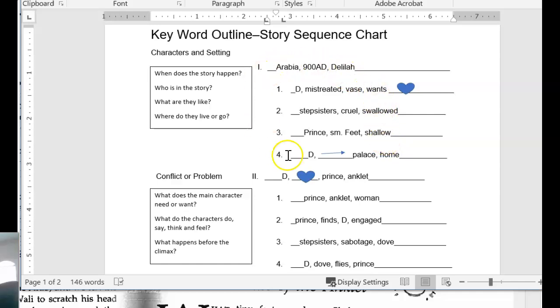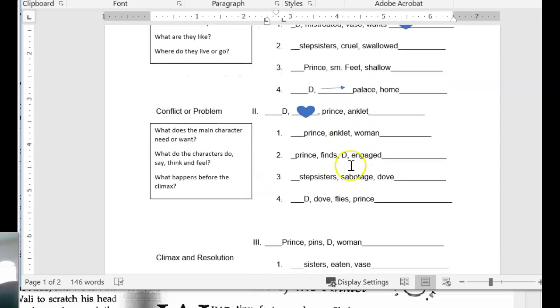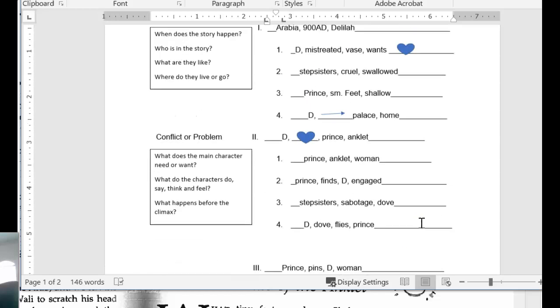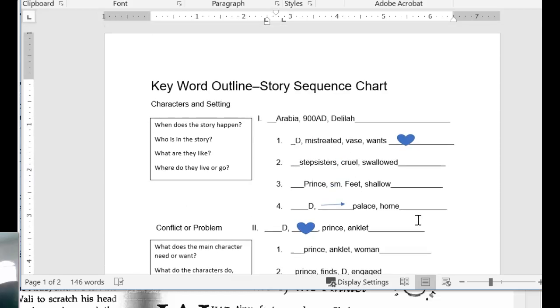Then you can take this whole point 1, the whole character and setting section, and write a paragraph over it. So you would use each of these lines to write a sentence. Same with number 2, same with number 3. So sometimes we'll write about it, and sometimes we won't. But that is the story sequence chart for the anklet.